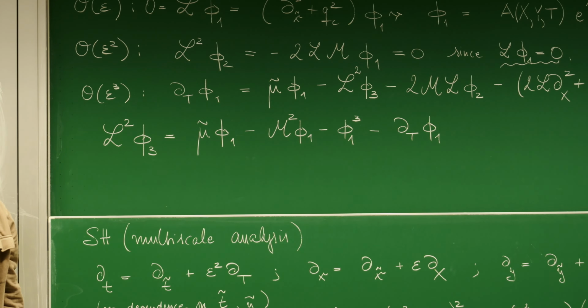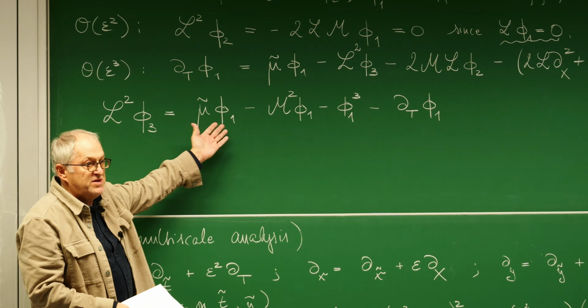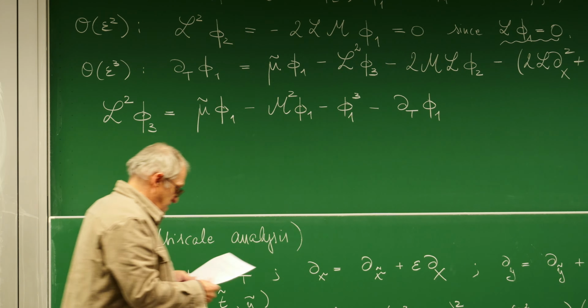It's all known functions, right? It's all quantities that I know of because I know this function phi 1.